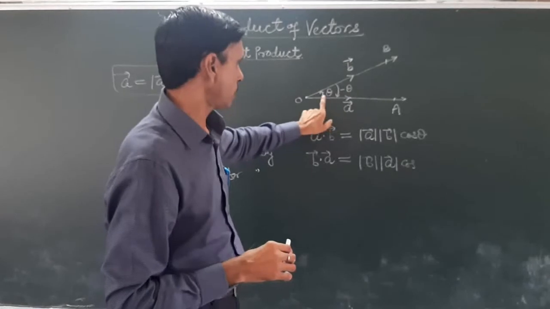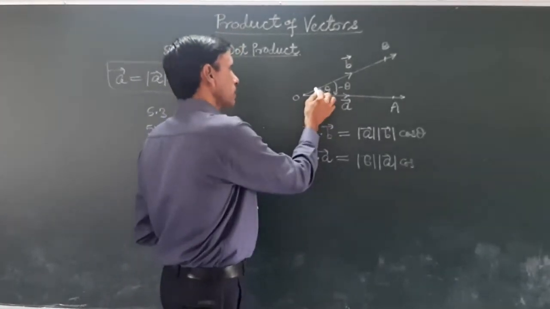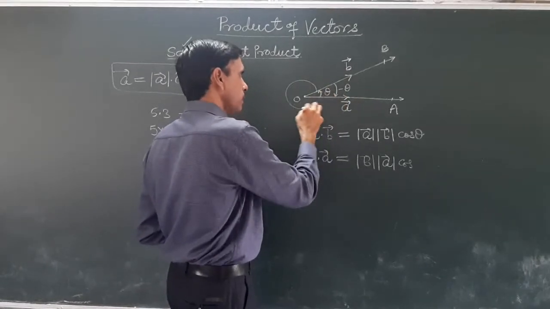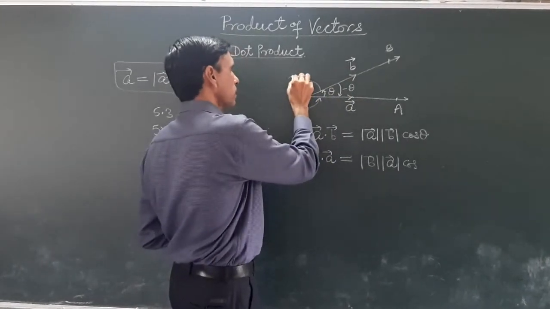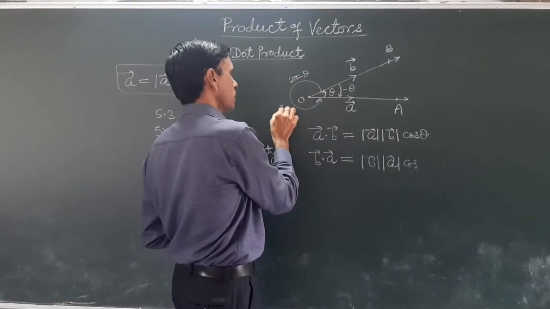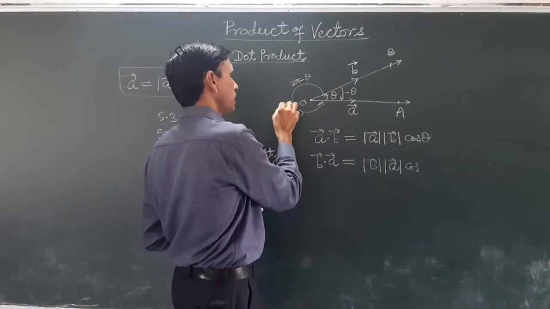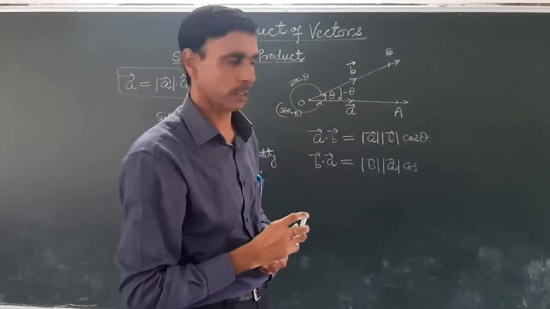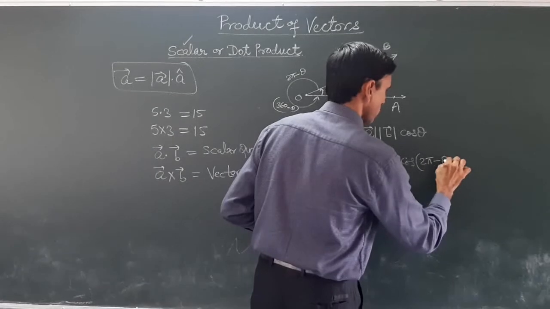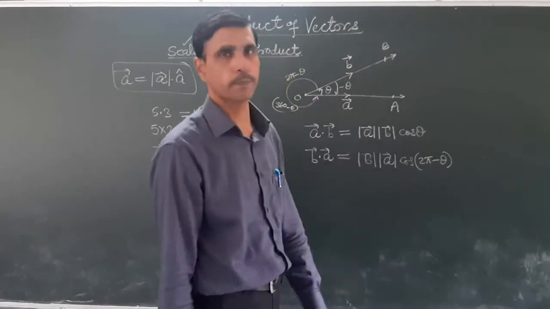So, if you consider the same direction, then the angle between B and A will be this. What is this? It is 2 pi minus theta or 360 minus theta. Total angle is 360. So for this case, angle to be taken 2 pi minus theta.